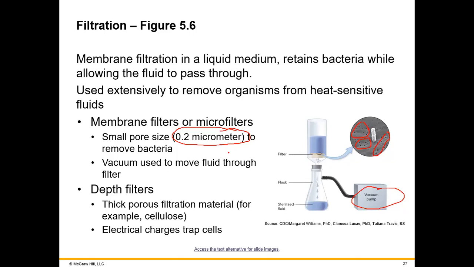While the material goes through the filter, electrical charges will trap the cells within the cellulose fibers, and the liquid material goes through. These depth filters are not as effective as the membrane filters because the pore size between the fibers is not well controlled.